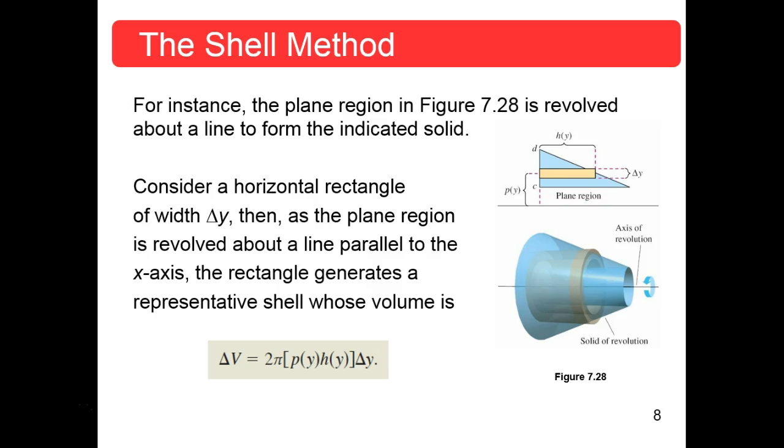For instance, here's the plane region of 728, which is that figure right there, revolved around a line to form the indicated solid. Okay, here's what we got. We've got this triangle here, the light blue triangle, revolved around the x-axis, and that gives us another Christmas tree base.